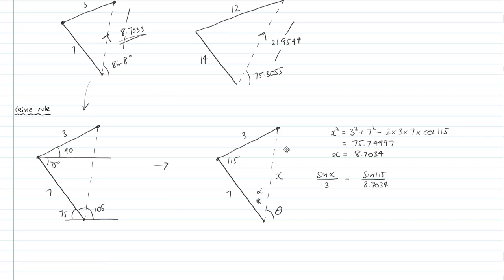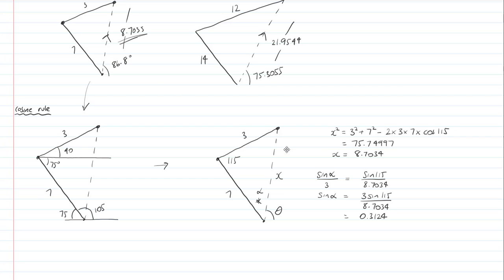Therefore sine of alpha equals 3 sine 115 over 8.7034, and that's equal to 0.3124.